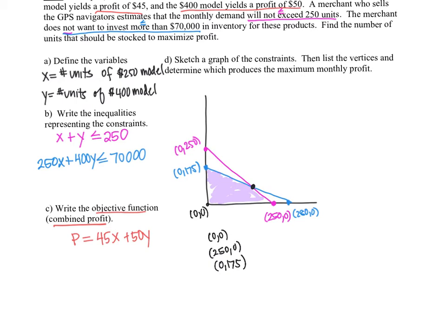Okay, and how you solve for it, substitution, elimination. This is when your algebra comes into play. Okay, and I'm going to use a calculator. If I didn't use a calculator, I would probably try to cancel something out. See, I'm going to multiply the pink one by negative 250.